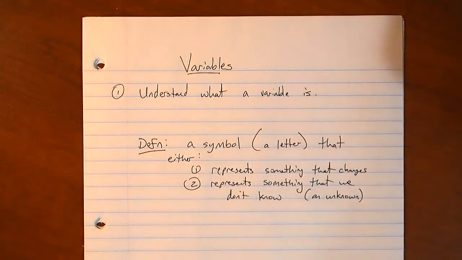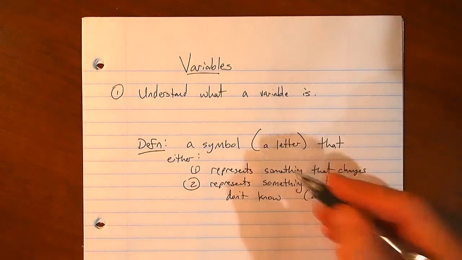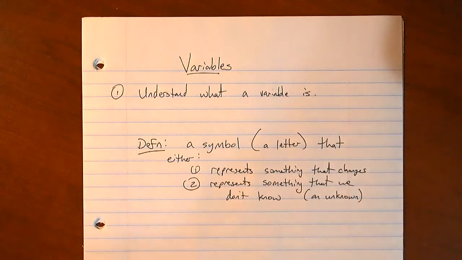Okay, so that's all a variable is. It's a symbol, usually a letter, that represents something either that changes or something that we don't know. In our class, that something that it represents is almost always going to be a number, okay?